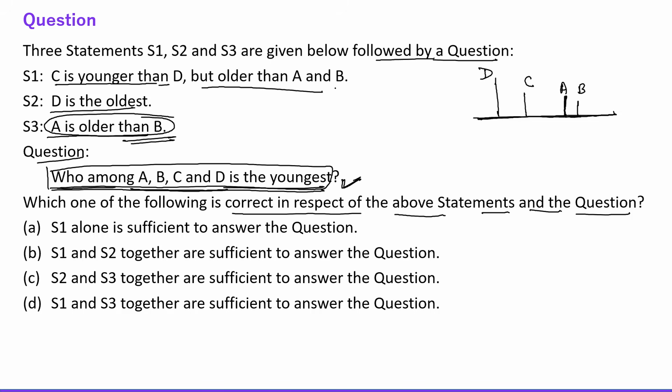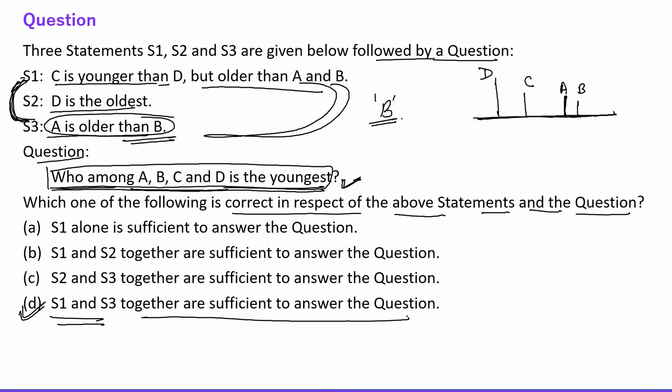So if we consider S1 and S3 together, then we can say B is the youngest. So S1 and S3 together are sufficient to answer this question. Here option D is the right choice. B will be the youngest. Let's move to the other question now.